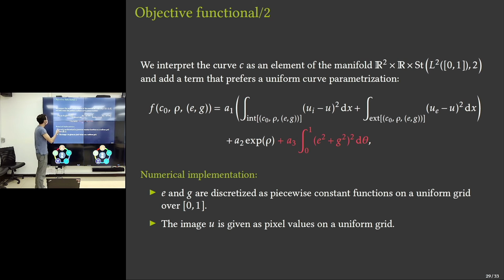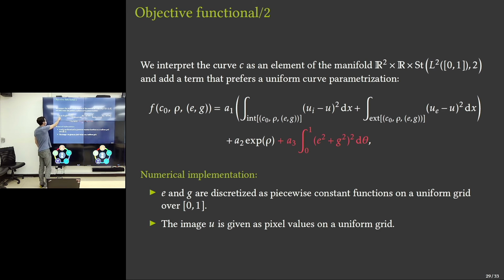As I said, we interpret the curve C as an element of this manifold, R2 Cartesian R Cartesian Stiefel manifold, and they add a term for a uniform parameterization of the curve.